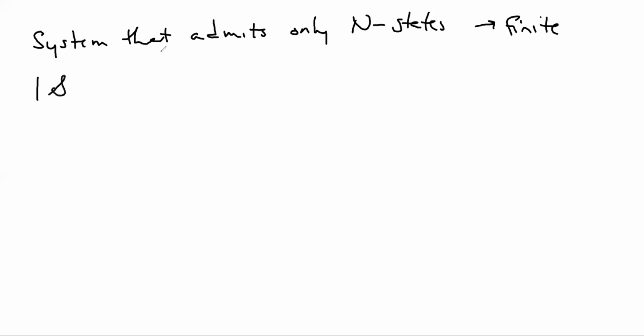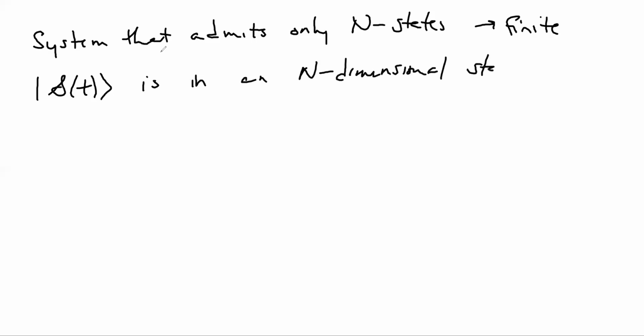Then we could say that this vector S of t that describes our system, and that can be transformed into our wave functions or our allowed energies and the coefficients associated with them, that vector is then in an n-dimensional, I shouldn't say state, I should say vector space.